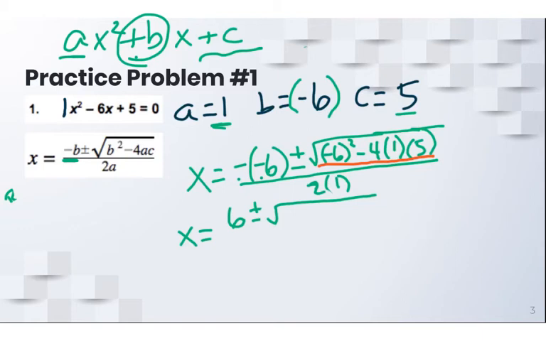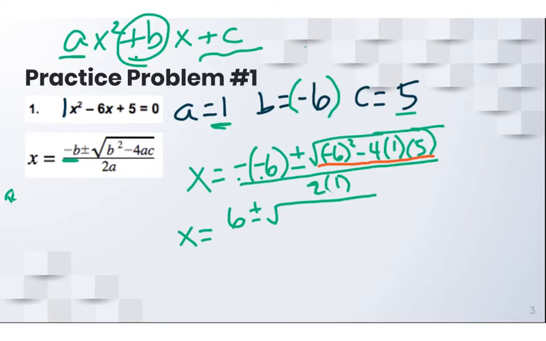I am literally just putting in everything that's underlined in red. So I'm putting parentheses, -6, close my parentheses, squared, minus 4, open parentheses, 1 times 1, close, open another parentheses, 5, close. I'm not putting the square root in here, I'm just putting the numbers in red.